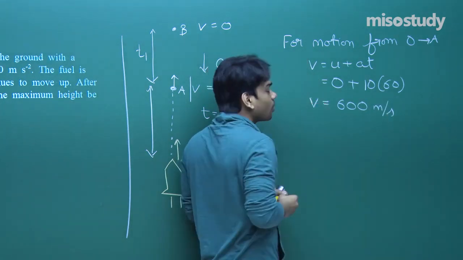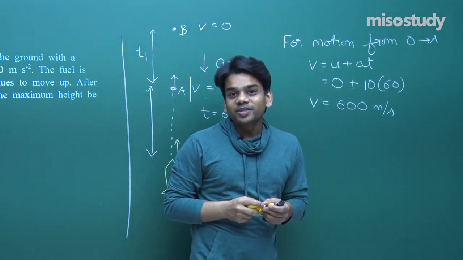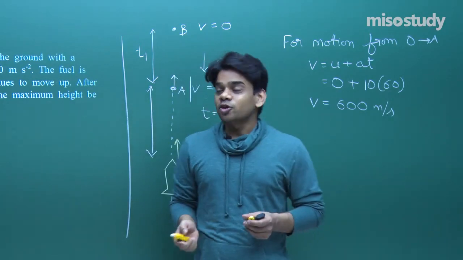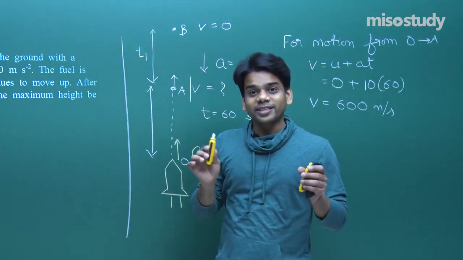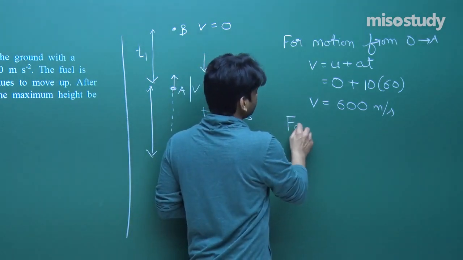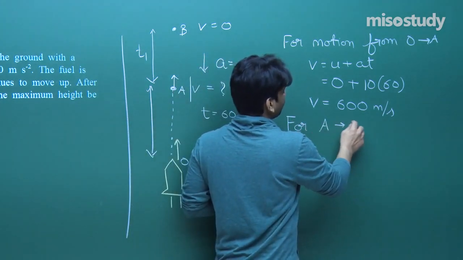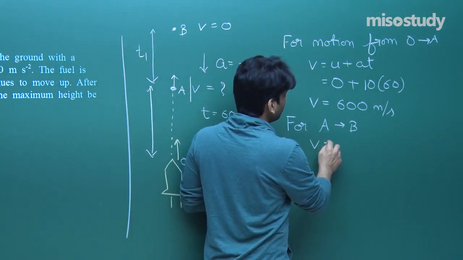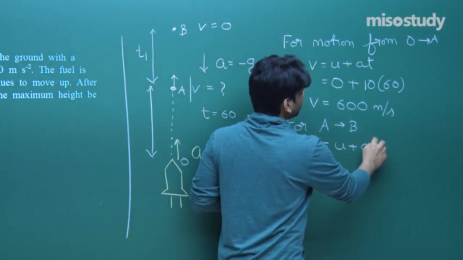Now let's talk about the time taken so that its velocity is going to be 0. Acceleration due to gravity acts in the downward direction, and we are going to take g as 10 meters per square second. For A to B motion, we are going to use again v equals u plus at.